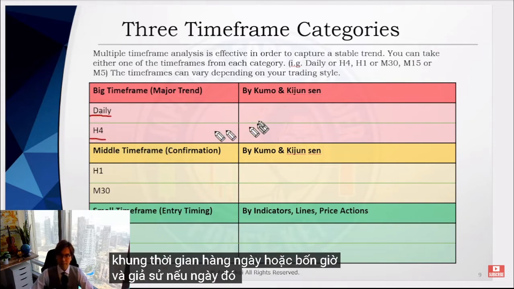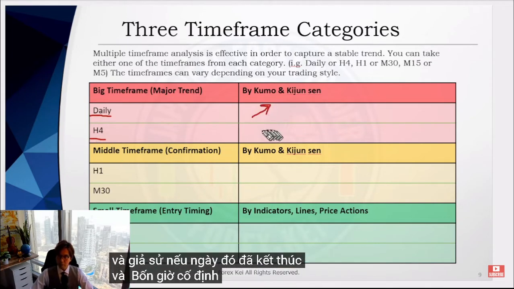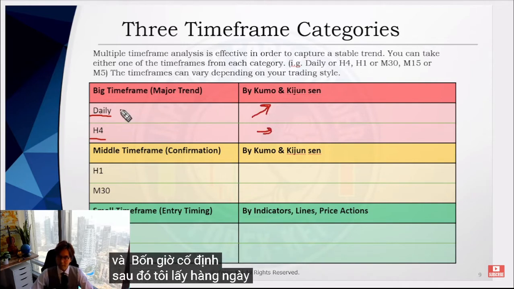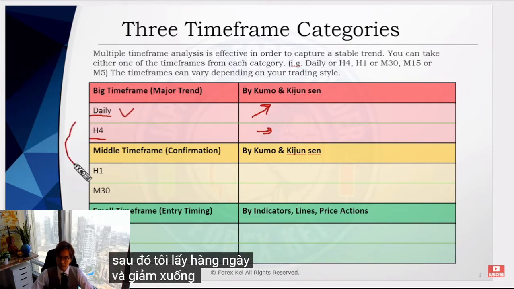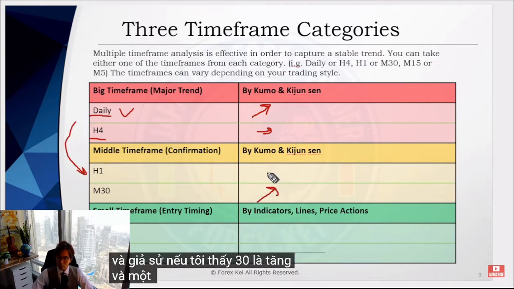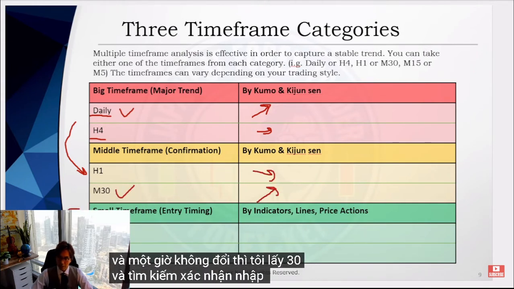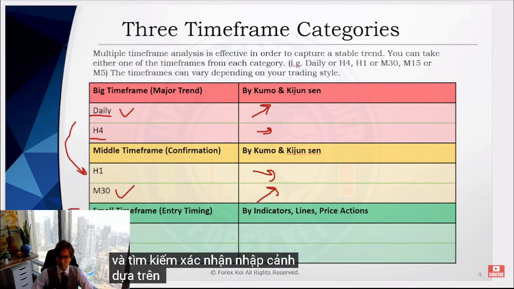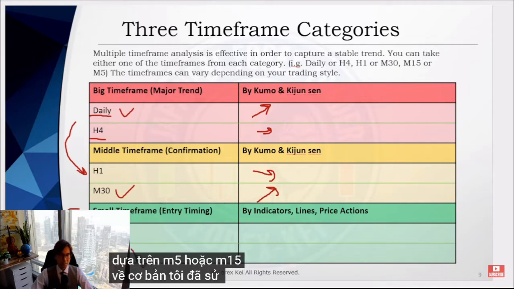Let's say if daily is up and 4-hour is flat, then I take the daily and go down to 1 hour or 30. And if I find 30 is up and 1 hour is flat, then I take the 30 and look for the entry confirmation based on M5 or M15. Basically, I use the M5.